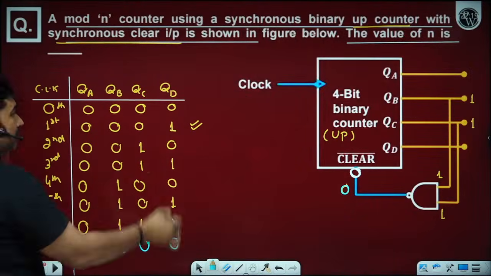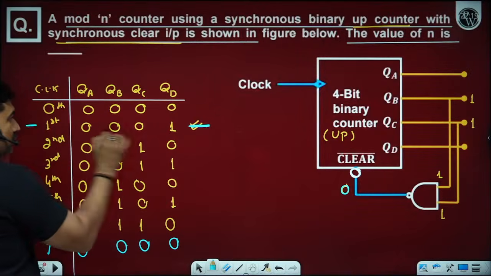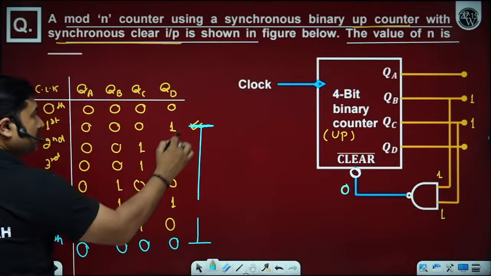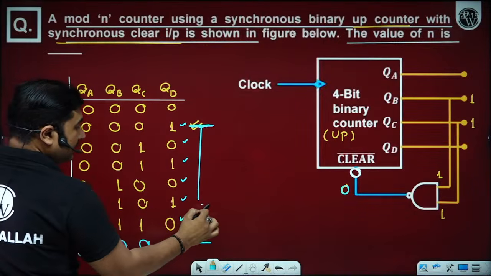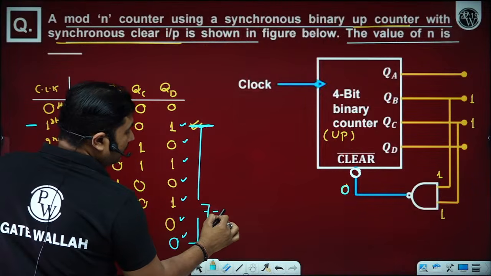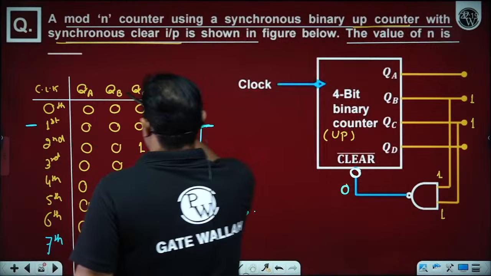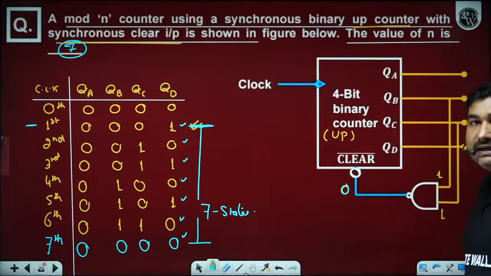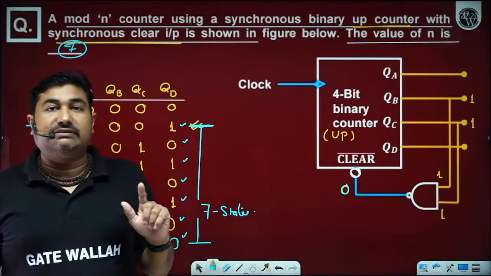So how many different states do we have? They are counted after the first clock pulse. Counting the different states: 1, 2, 3, 4, 5, 6, 7. So we have 7 states, which means this is a mod 7 counter. Don't write it as a mod 6 counter; this is mod 7.